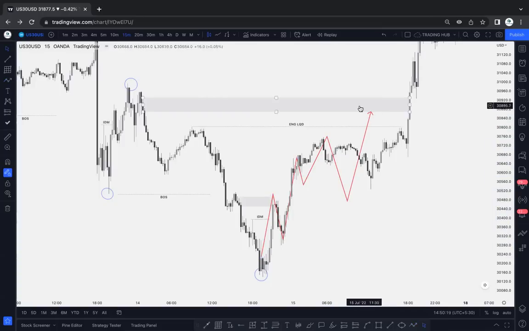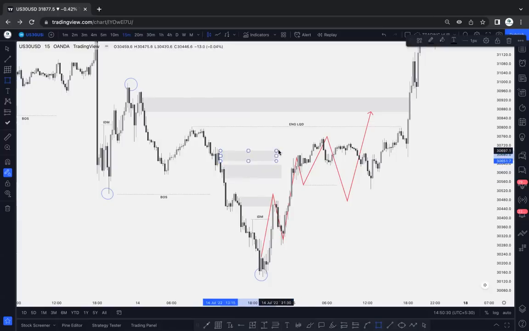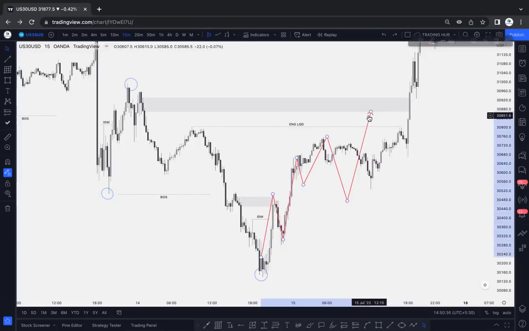Because we are anticipating a sell here and we are ready to sell here, but we can buy here after taking out this. And some people get confused, they mark this order block here, this here.